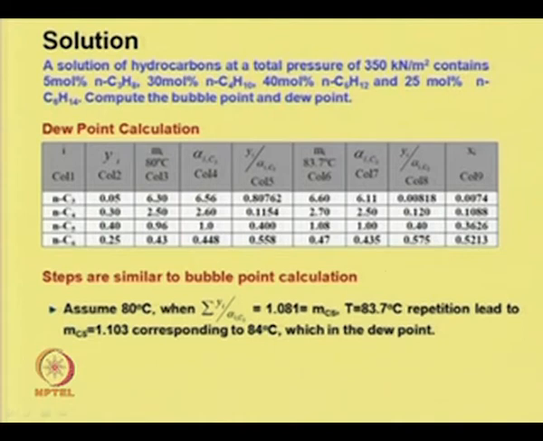Then we can repeat the calculations, which gives MC5 of around 1.103, corresponding to a temperature of 84 degrees centigrade, which is nearly the assumed temperature of 83.7 degrees centigrade, and hence the dew point is 84 degrees centigrade.